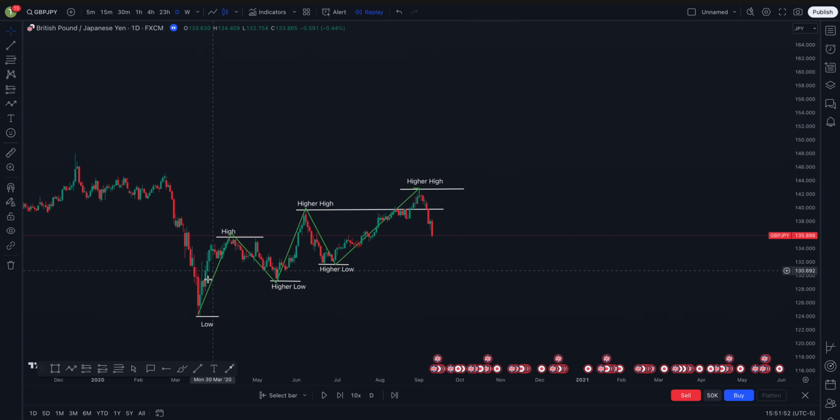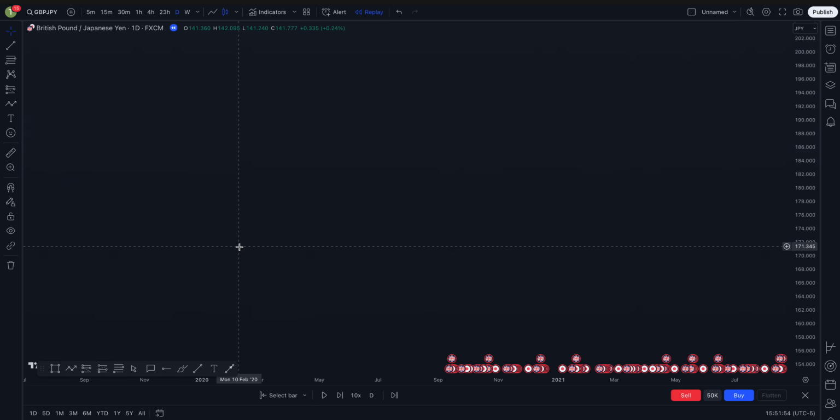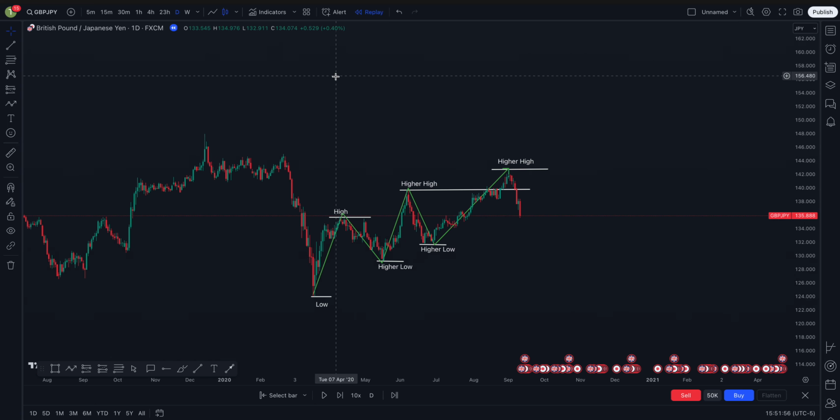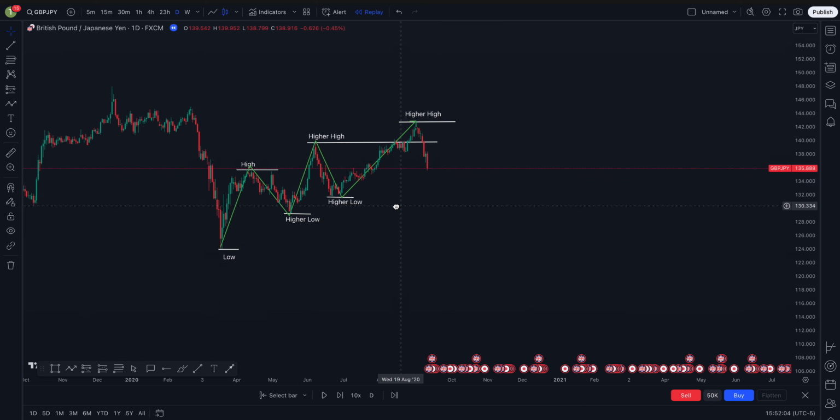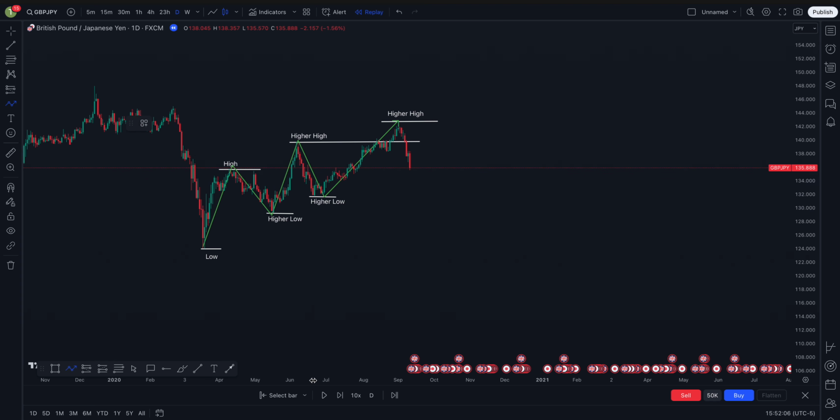So what we can see here, based on our example, is that price created a low, then a high, then a higher low, higher high, higher low, then higher high. This is what we refer to as an uptrend. See? Low, high, higher low, higher high, higher low, higher high. That's exactly what we're seeing right here. So that is our market structure.